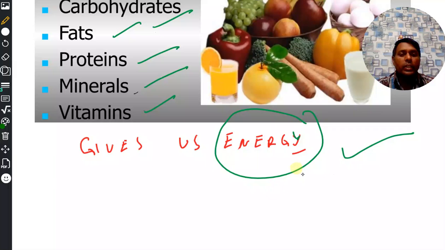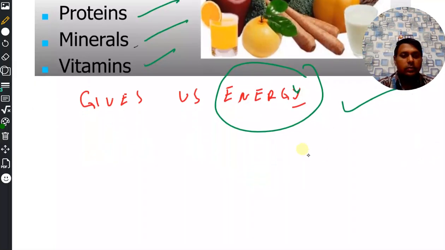Next question is, why do we need energy? We have millions of cells. Do you know it? So it gives energy to those cells. It gives growth and repairs the cells. So we can write it: growth and repair of the cells.